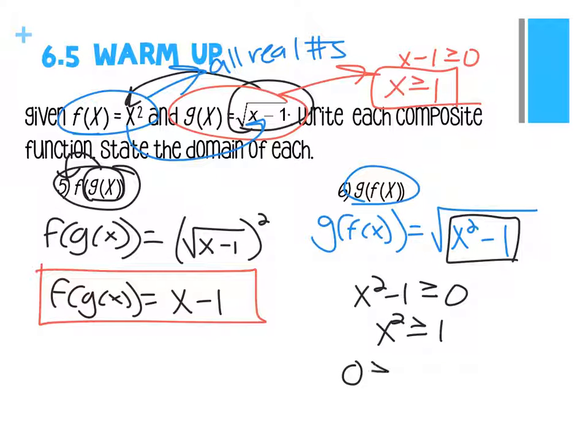So x has to be greater than or equal to 0, but less than or equal to 1. I'm sorry, not or equal to, just less than. Because it can't be 0. If I plug 0 into there, I get a negative number. I can't do it. If I plug in 1/2, I get a negative number. I can't do it. So my restriction for this is that x has to be greater than 0, but less than 1.